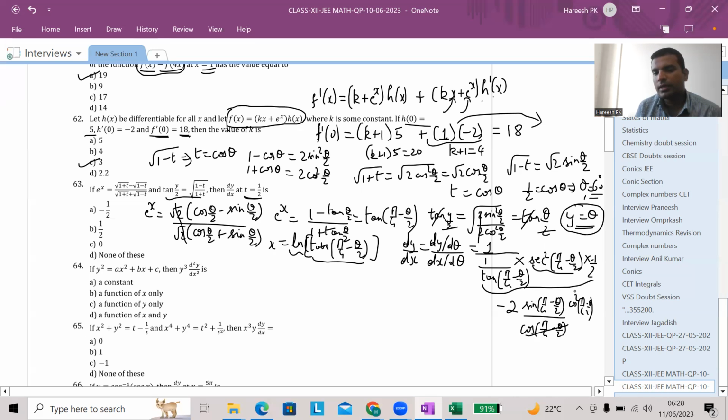So the cos term will get cancelled. Then I'll be left with 2 sine theta cos theta, which is sine 2 theta, with a minus sign. So finally, I'll end up getting minus sine 2 theta.